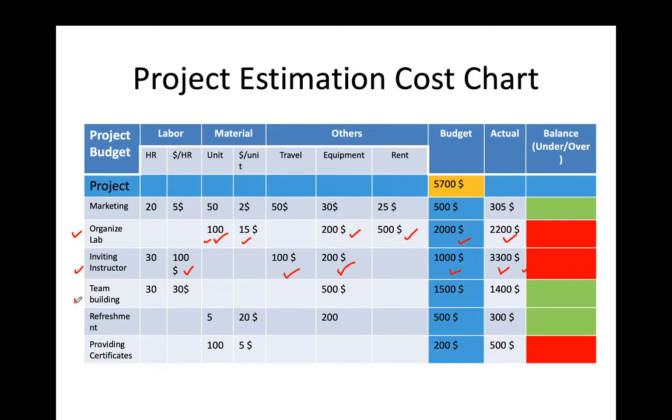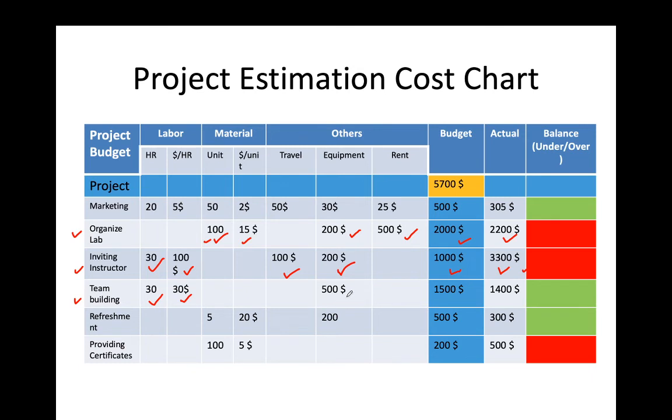Now the fourth one is team building, because we need some people, IT people managing the computers, and some technical and non-technical people who are helping in documentation, who are helping in organizing students. So this type of team we have to build, and we need 30 hours of work from them, because the lecture will be of 30 credit hours, and per hour we will give our team 30 US dollar.